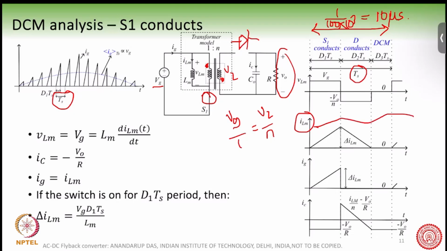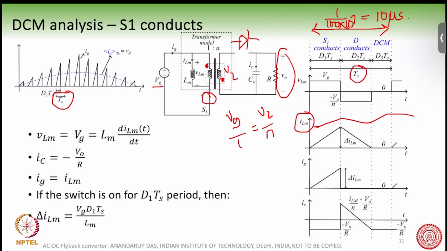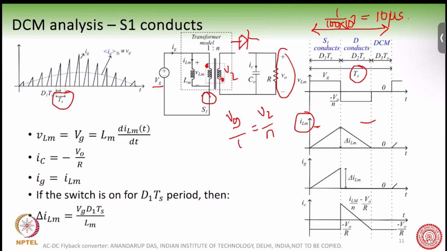But now it is no longer valid. So we will remove this one, and we will talk about ILM, which is something like this. And you can see here it has a 0 period. So let us first see what happens when S1 conducts.